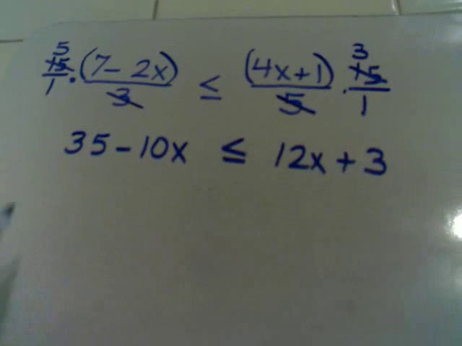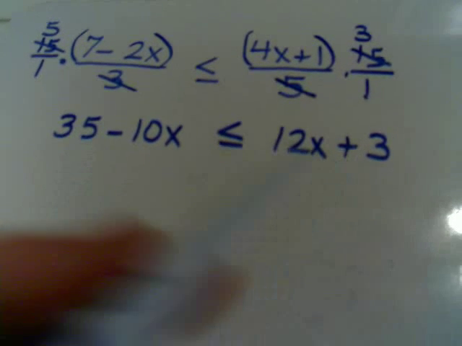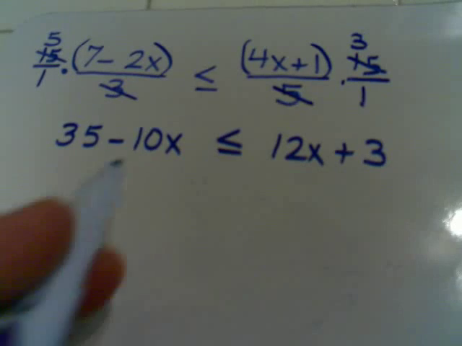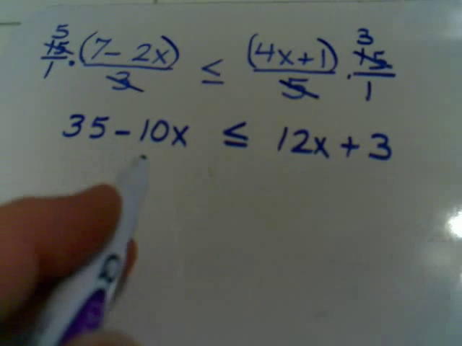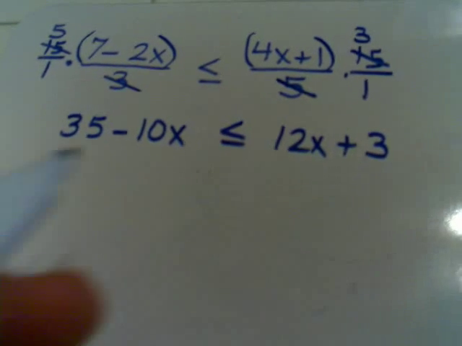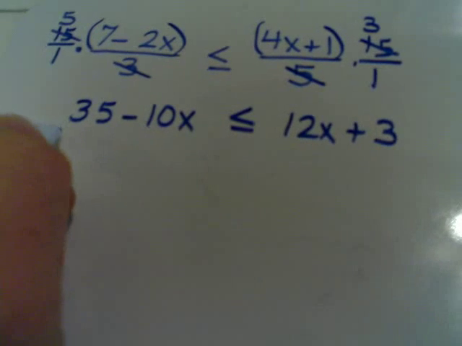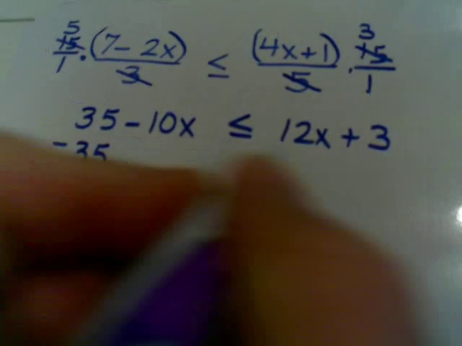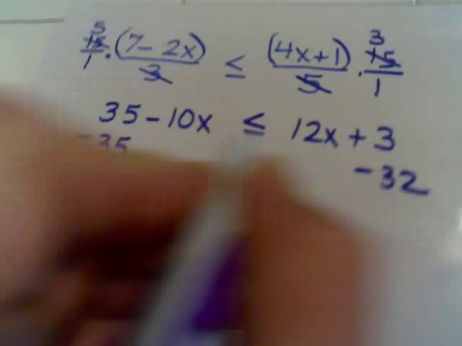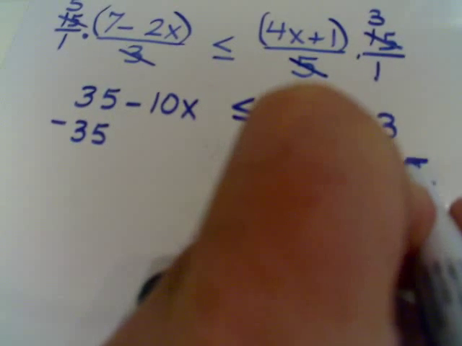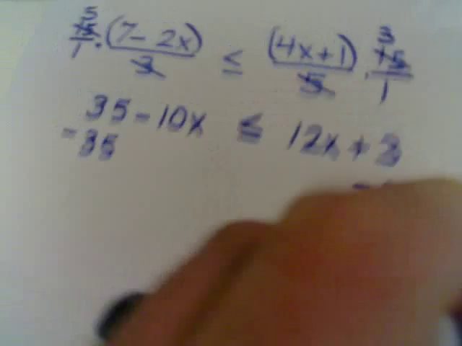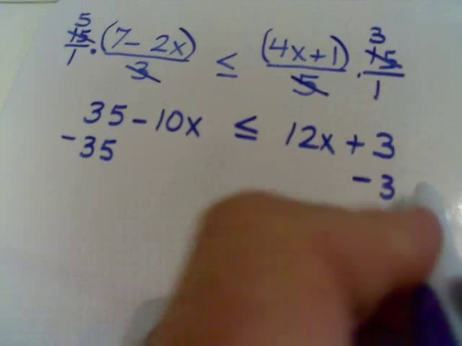My next step is to try to get the variables on one side and the numbers on the other. I'm going to make all the variables appear on the left and the constants appear on the right. So I'm going to subtract 35 from both sides. Oops, 35, there we go. All right, let me change that.